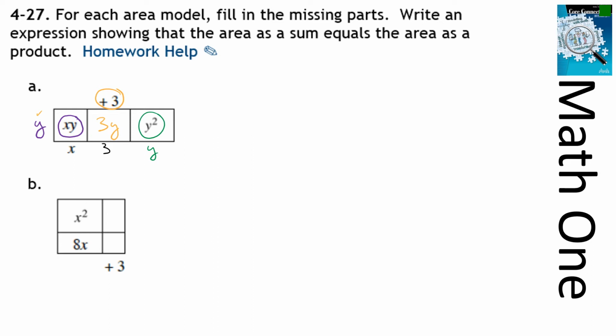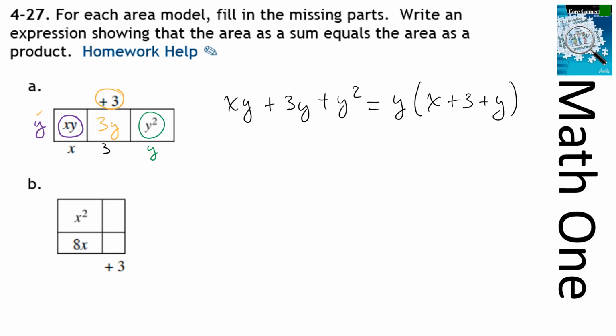Let me write it again and say the right thing this time. It's xy plus 3y and then plus y squared. Now if I compare that on the other side, what do I have? I have y times the quantity x plus 3 plus y.